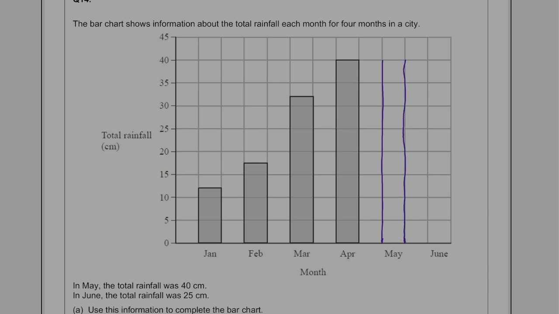No marks or no real relevance for shading that in, so I'm just going to leave it like that. And then June 25. So same, I need to leave the same gap. In a perfect world, there'd be an extra square here, but there's no issue with there not being. So there we go. That's my bar for June.